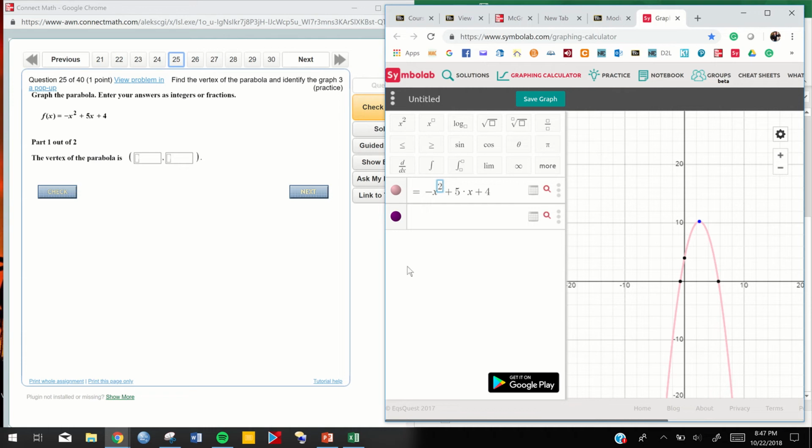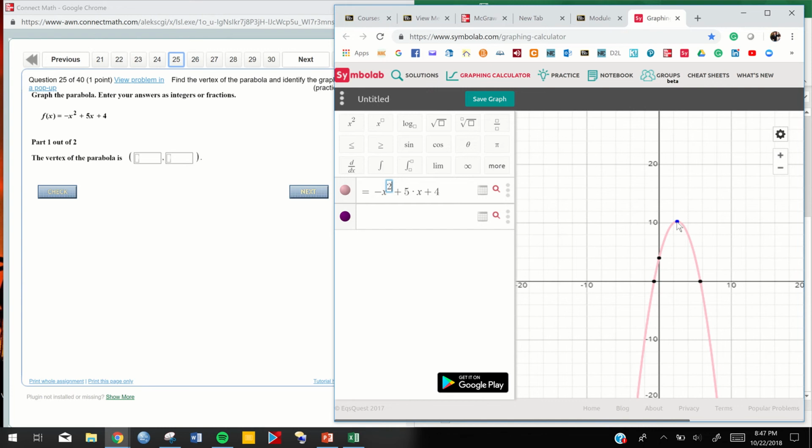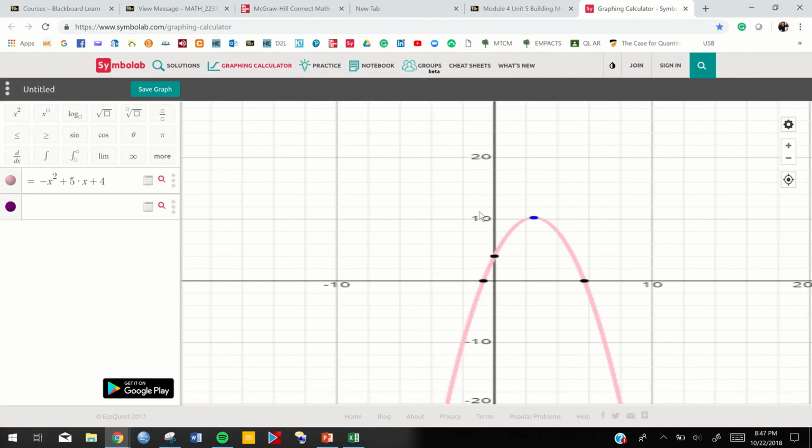Now, here on Symbolab, it is very easy to read. I can clearly see my vertex, and I simply just put my cursor right on top of these points. Well, usually I just put my cursor right on top of those points, and it gives me the value.